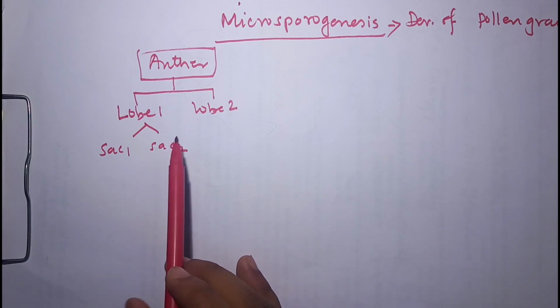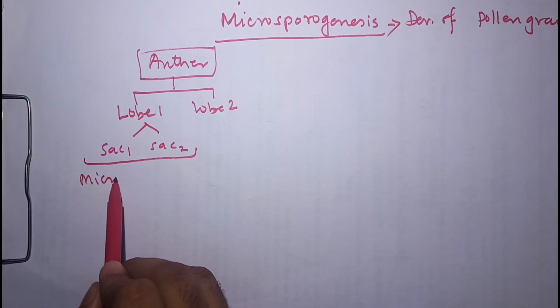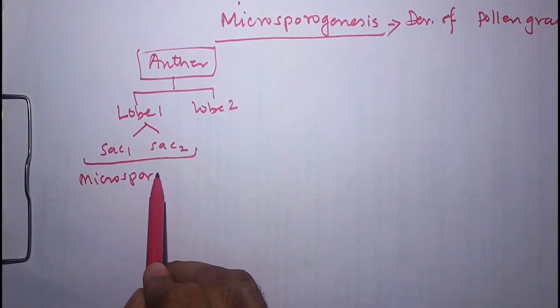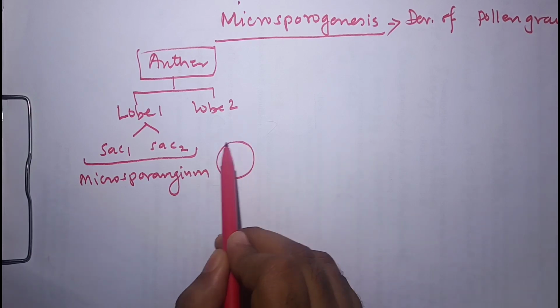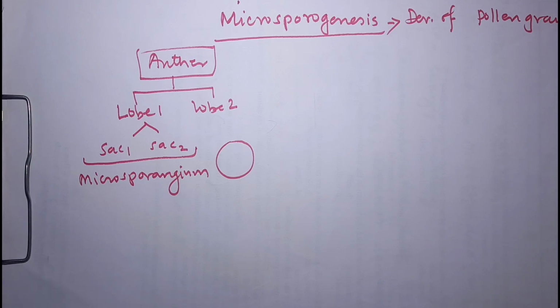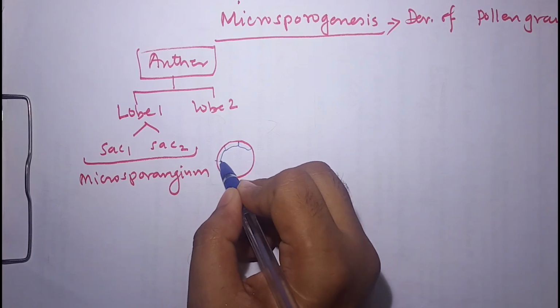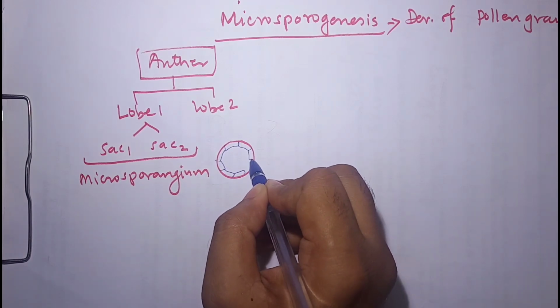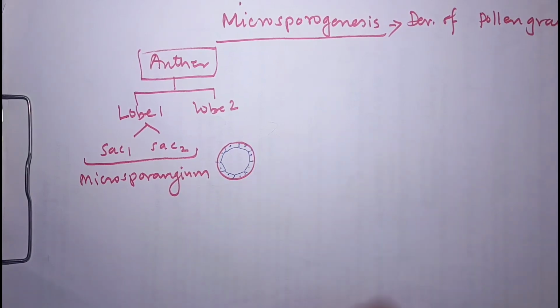Now these sacs are called microsporangium. This is the microsporangium, and these are the cells with tapetum. It's a tapetum, that is a nutritive layer.